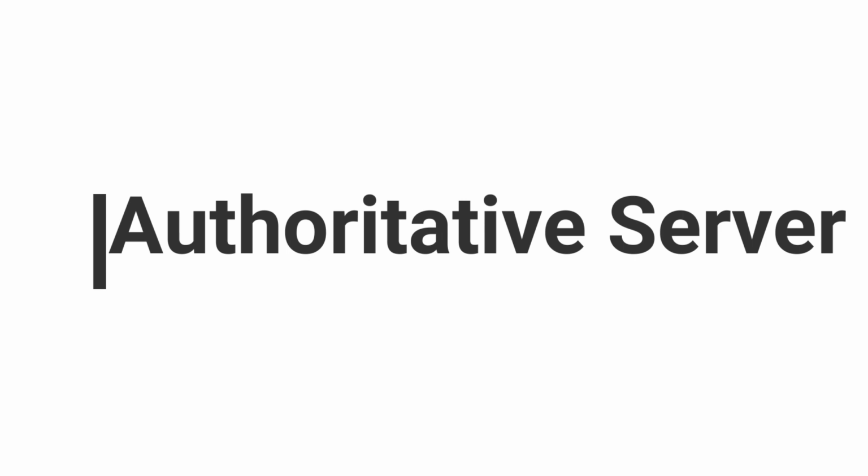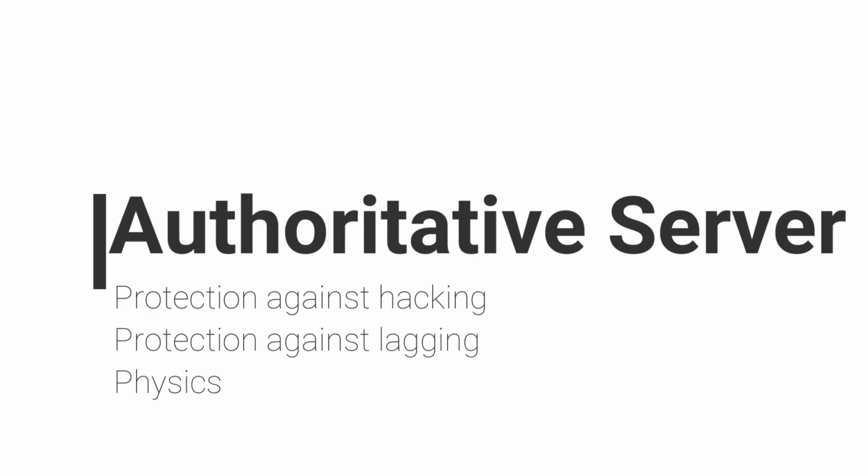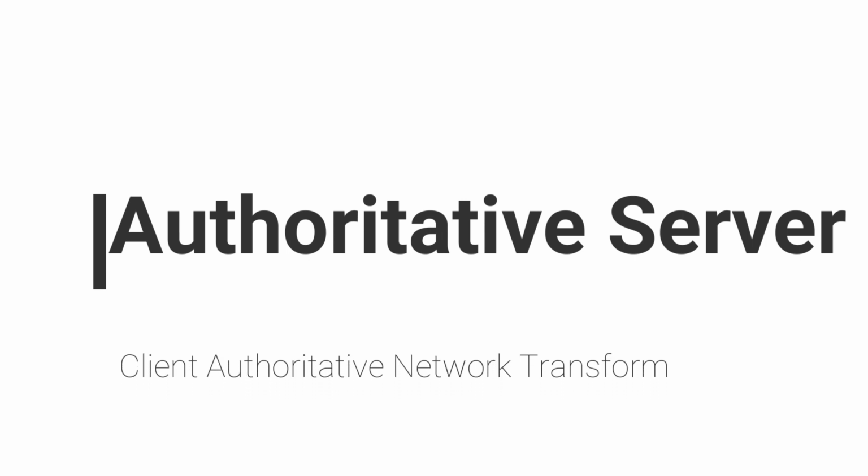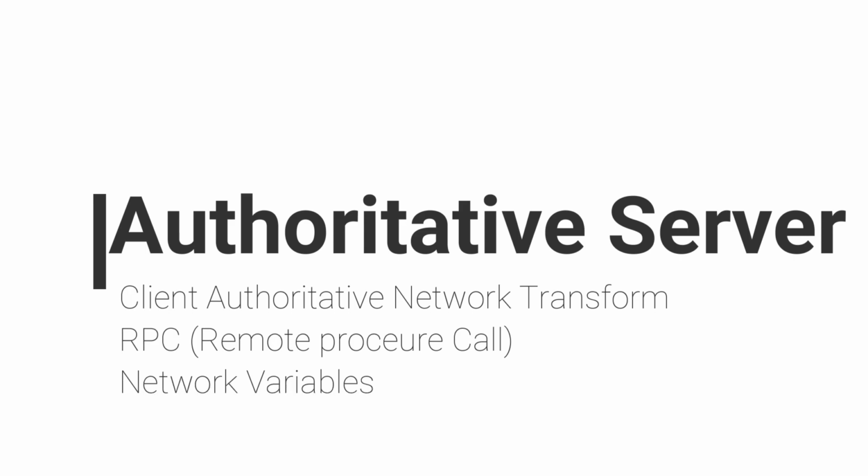You could say it's quite stupid, but this logic protects your game against hacking, lagging, and also allows for precise synchronization, for example in physics simulations. Fortunately, there are at least 3 different ways to resolve this difficult situation.